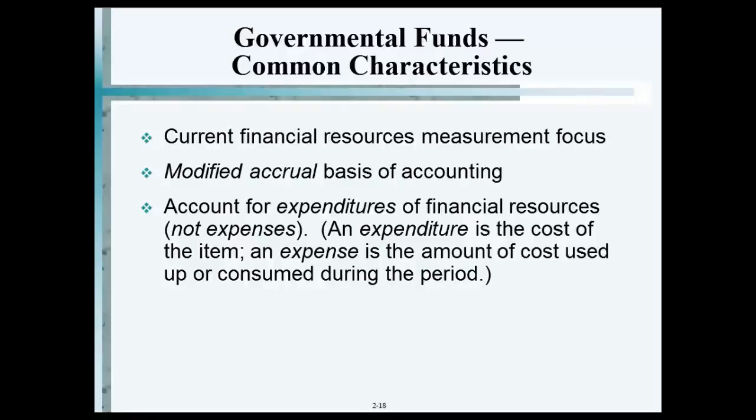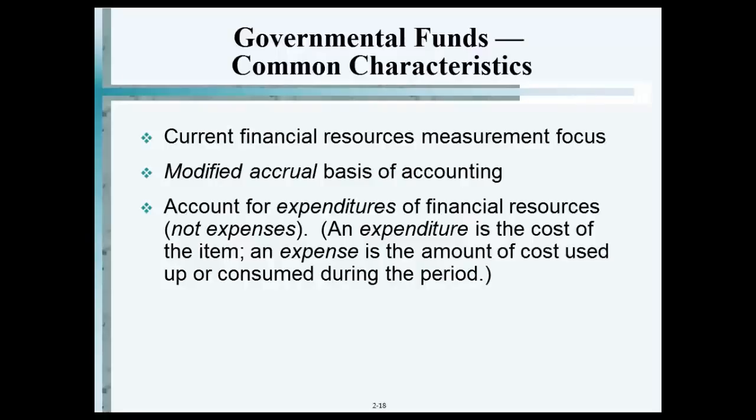So when's the first interest payment? If you borrowed money on April 1st, the first interest payment is October 1st, right? 6 months after you borrowed money. When's the next interest payment? April 1, right? But April 1 is when? The following year. Guess what? You don't have to do accrual in governmental funds because it's not flow of financial resources.